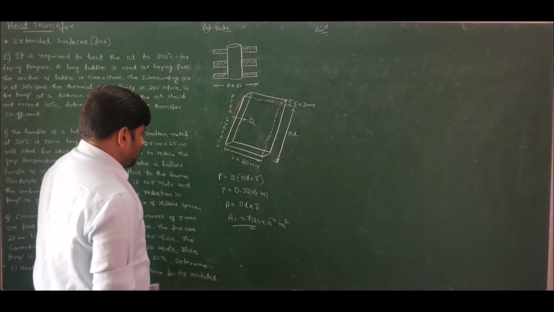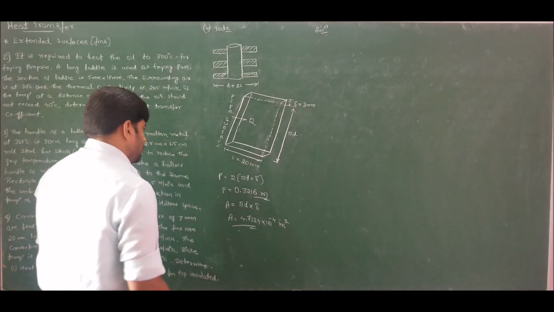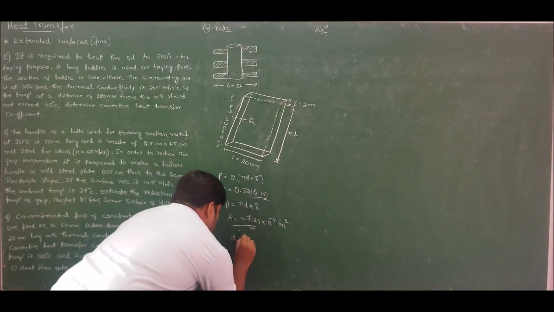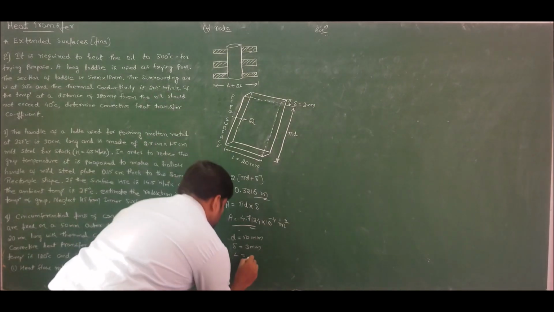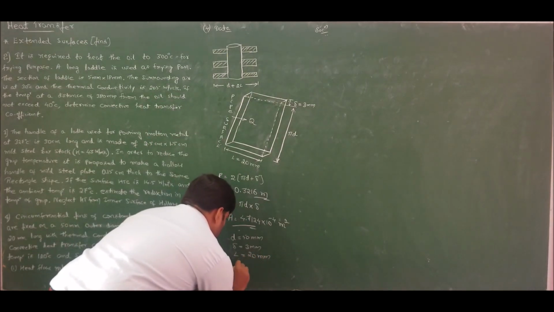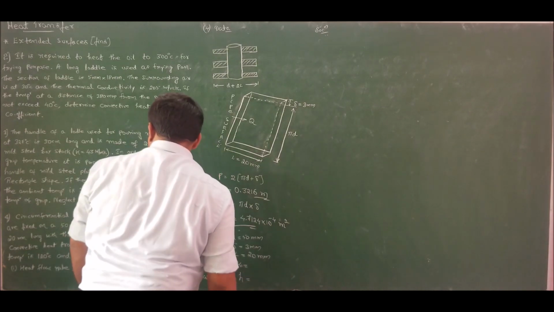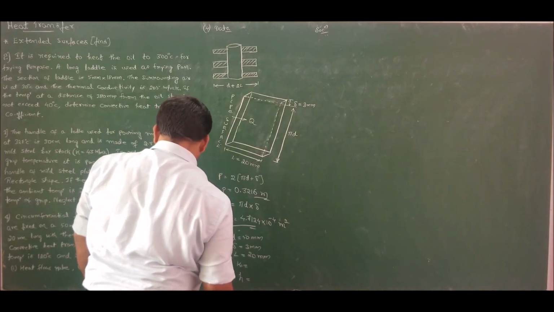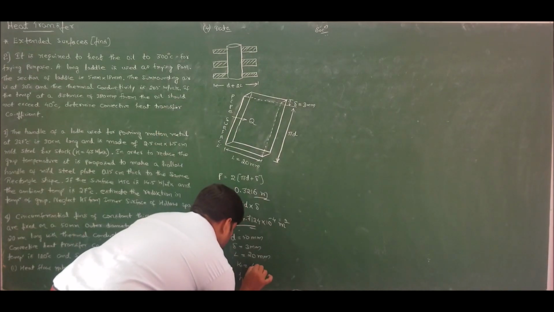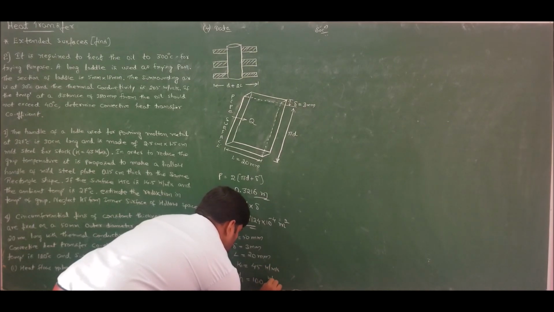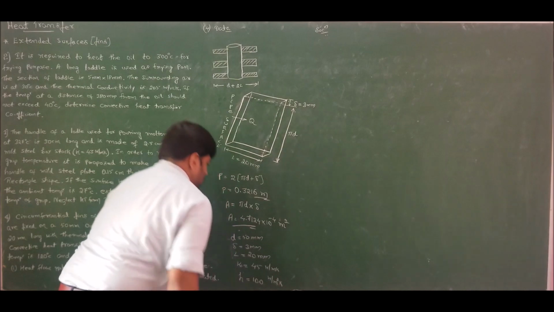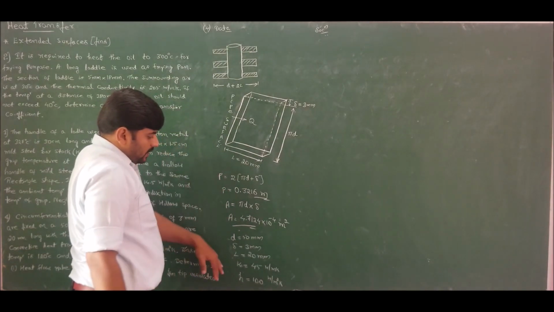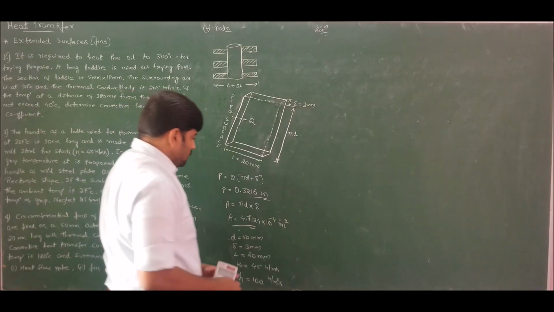Yes, we have calculated the perimeter and area, whereas diameter is 50 mm, thickness is 3 mm and length of fin is 20 mm. Thermal conductivity and convective heat transfer coefficient are 45 and 100 respectively, that is 45 watt per meter Kelvin and 100 watt per meter square Kelvin.